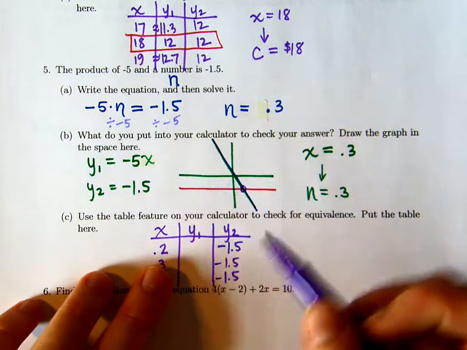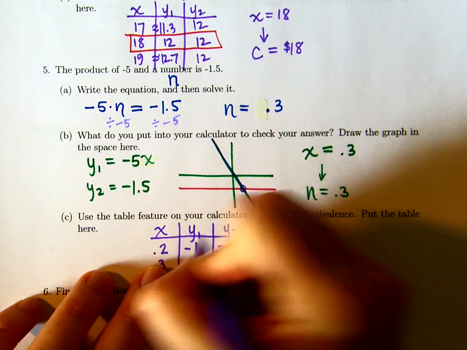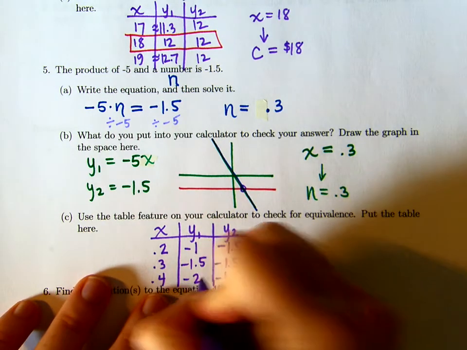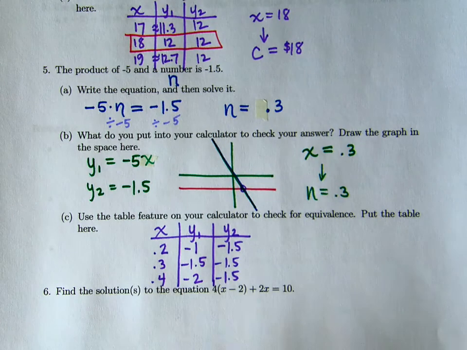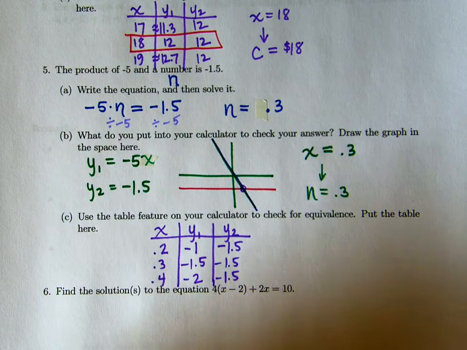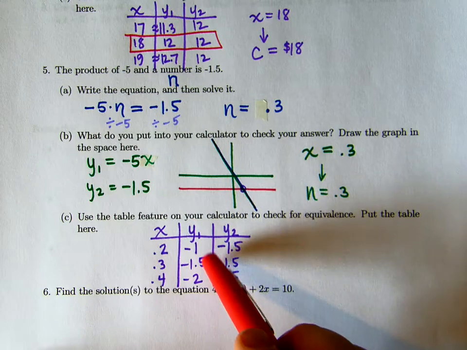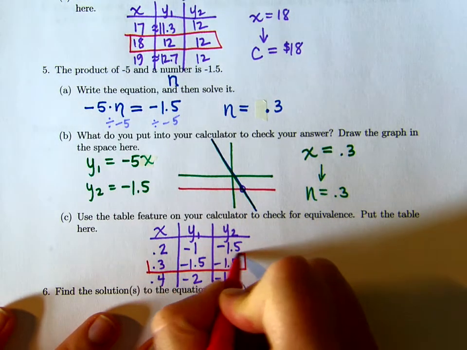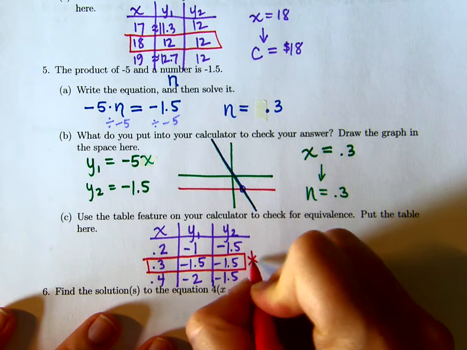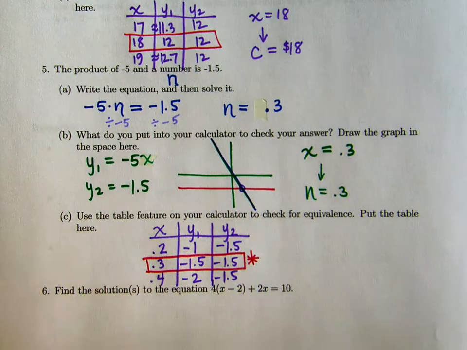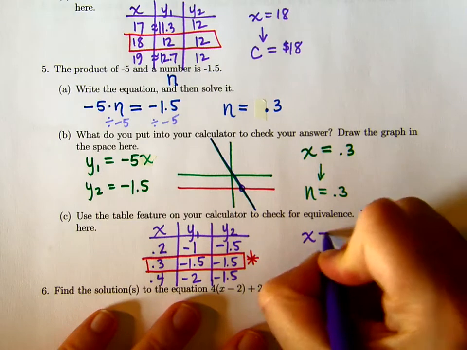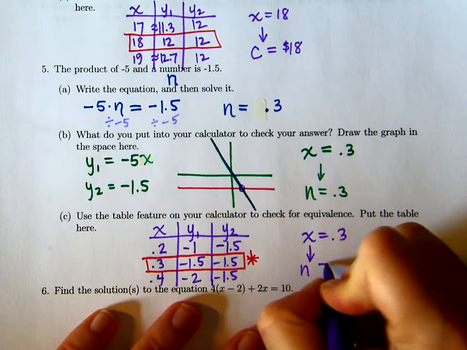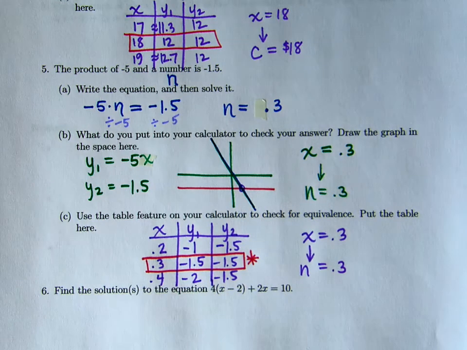And that would be negative 1, negative 1.5, negative 2. Okay, so your table, if you entered these equations right and you changed your table setting to count by tenths, you should see this equality happen right here. Meaning that x equals 0.3, and of course this x represented whatever number we were looking for.